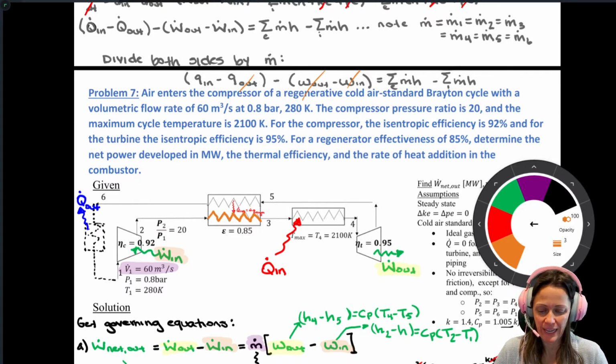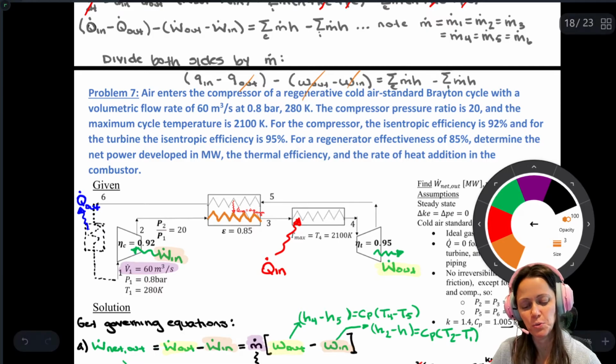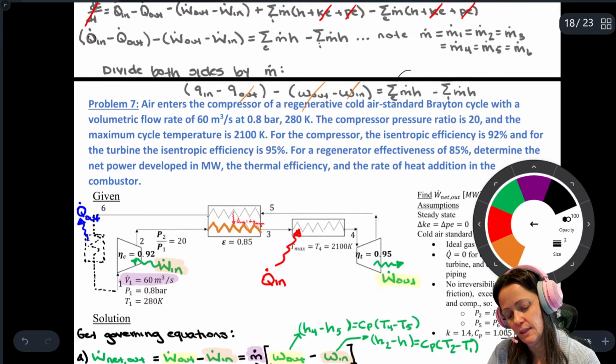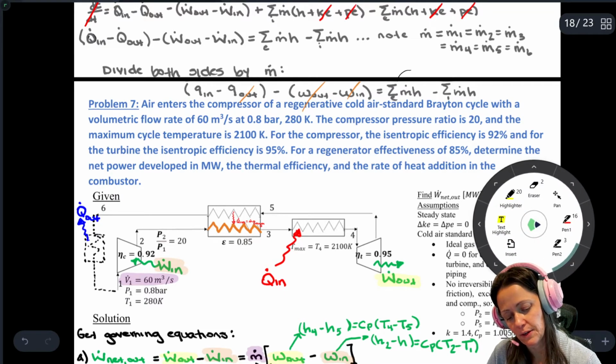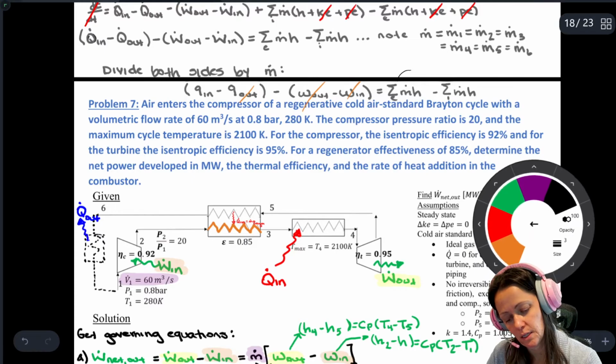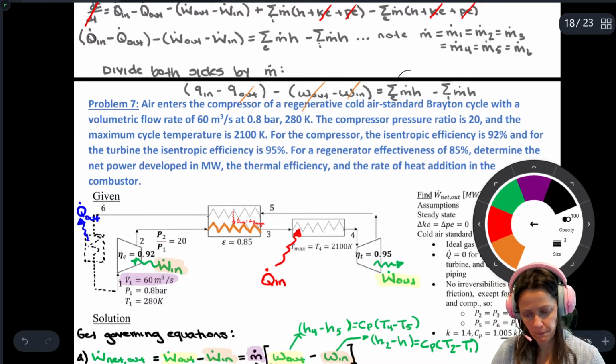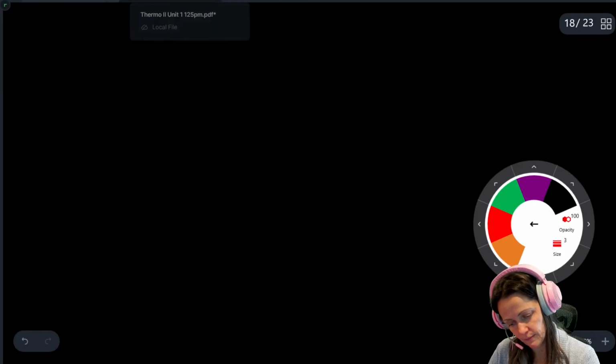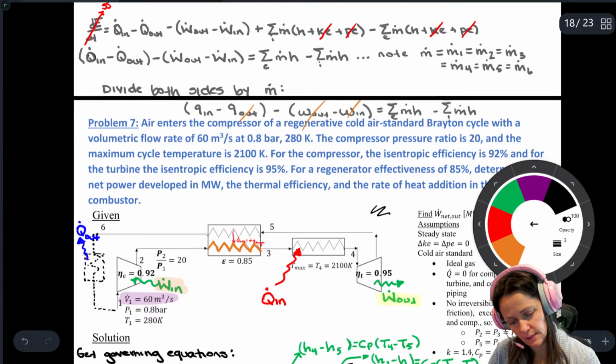Somebody's probably been sitting there for 20 minutes like, come on. These M dots don't need to be there. Sorry for whoever has been waiting. Every now and then my software doesn't like me.